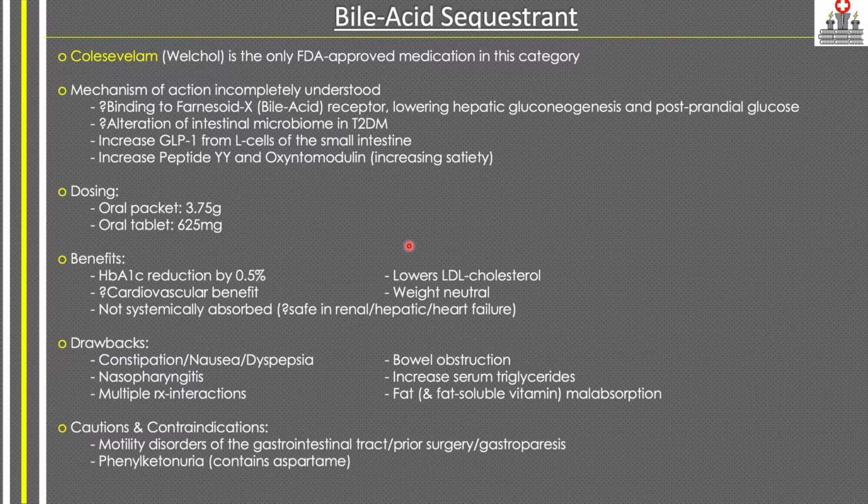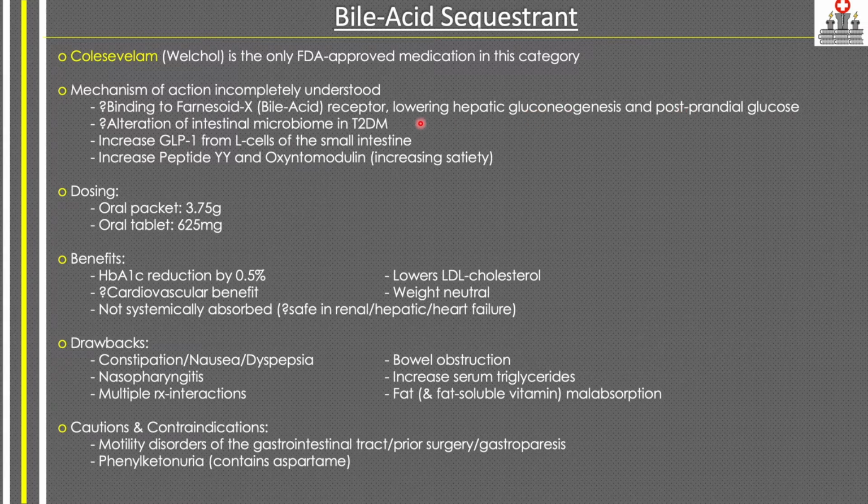So how this medication works, we're actually not too sure why this medication in particular improves glucose levels and insulin sensitivity. One of the prevailing hypotheses is that it binds to a bile acid receptor known as the farnesoid X receptor, and this appears to have an effect upon decreasing gluconeogenesis and therefore postprandial glucose spikes.